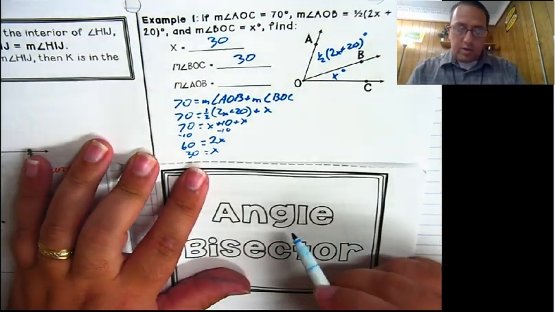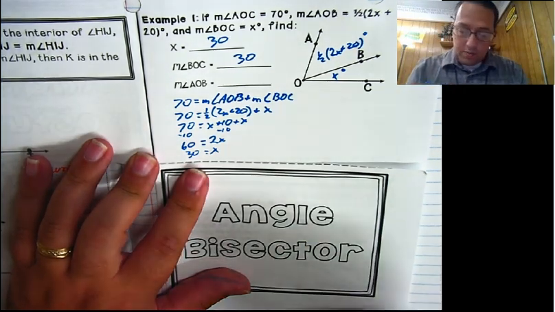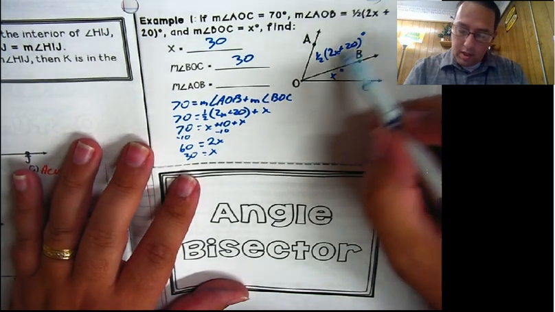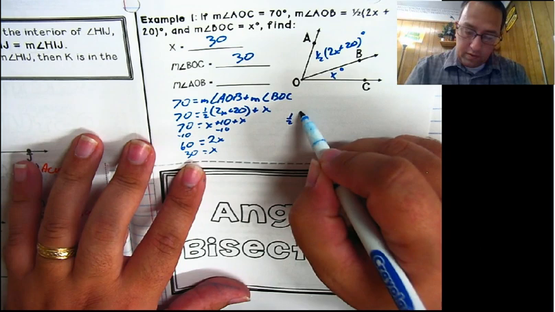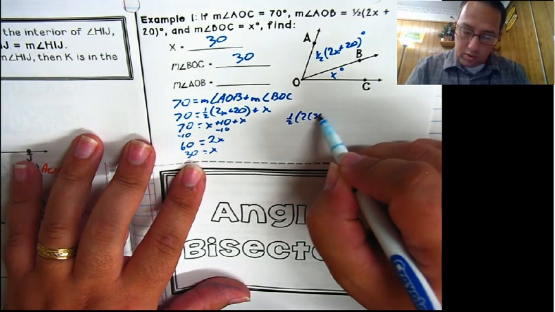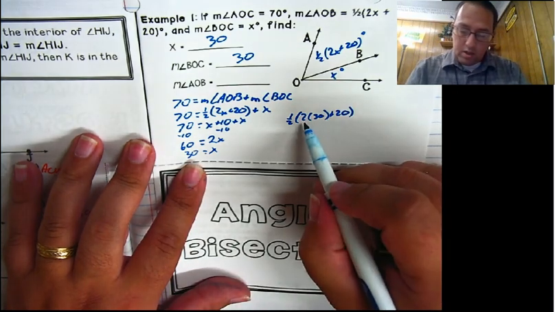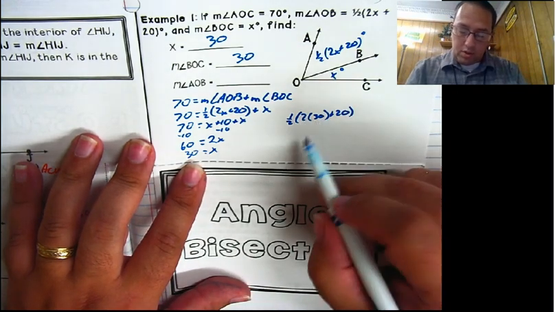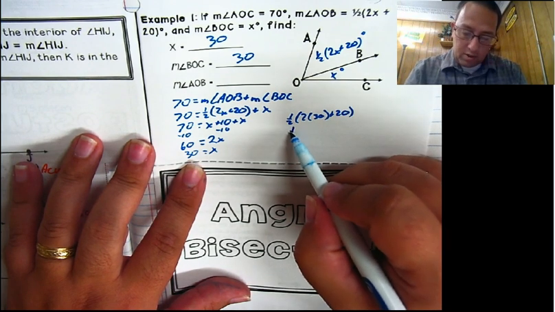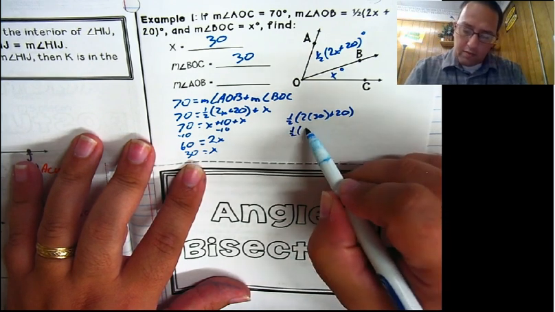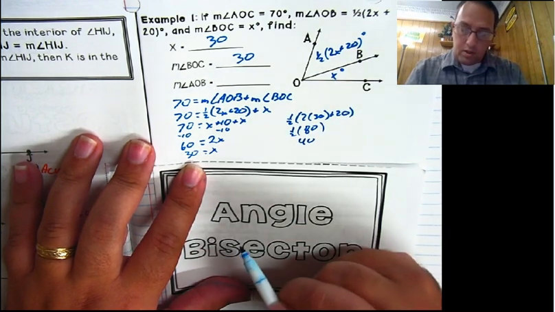And I now need the measure of angle AOB. Here you have two options. Option number 1, you can take this and plug in 30 for x: 1/2 times (2 times 30 plus 20). 2 times 30 is 60, plus 20 is 80, and 1/2 of 80 is 40.